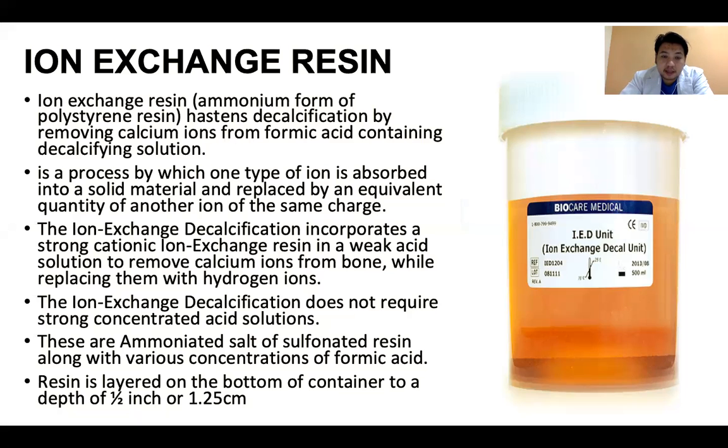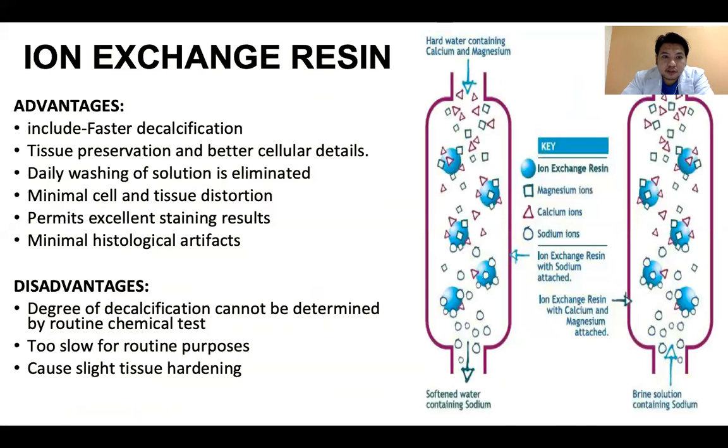Thus, nagiging malleable na yung bones natin. So ito yung principle of ion exchange resin. Okay? So it includes faster decalcification, preserves better cellular details, but the disadvantage of this ion exchange, class, is the degree of decalcification cannot be determined by routine chemical testing.